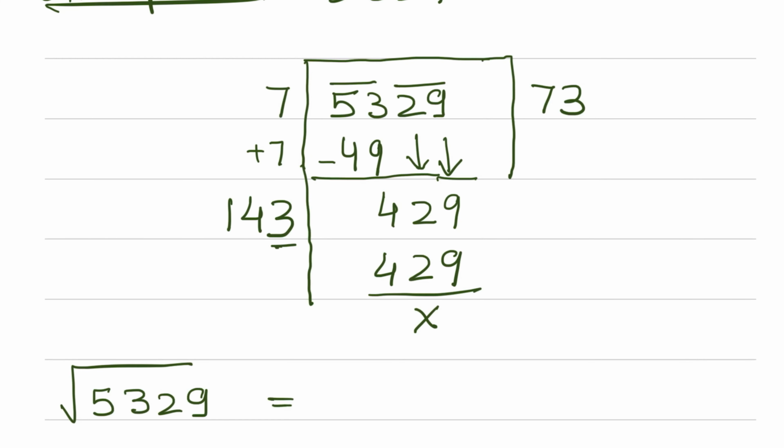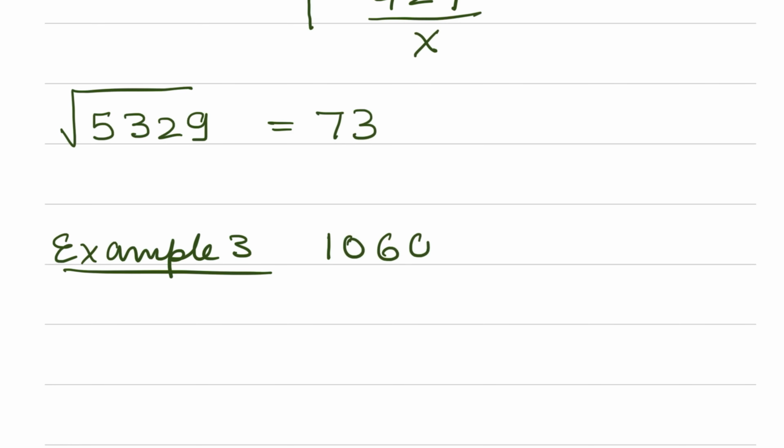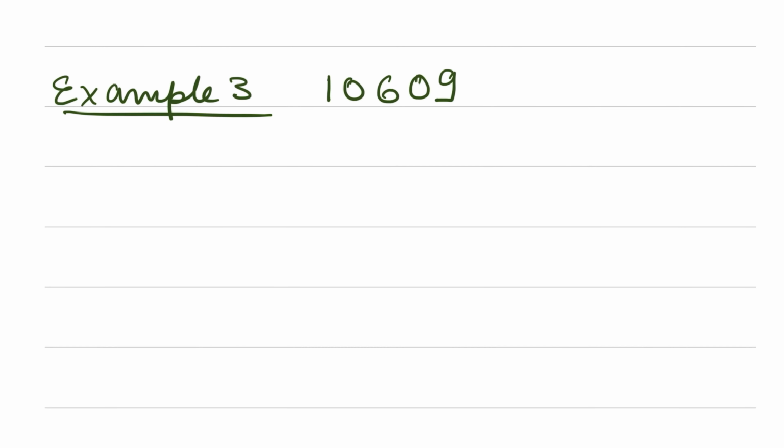Let me take one example which is 5 digits. So example third, let's take 10609. Let's go ahead and write down this here.